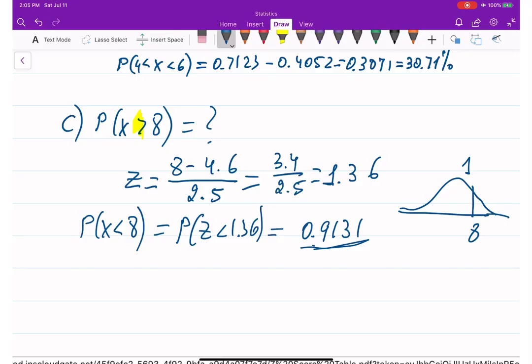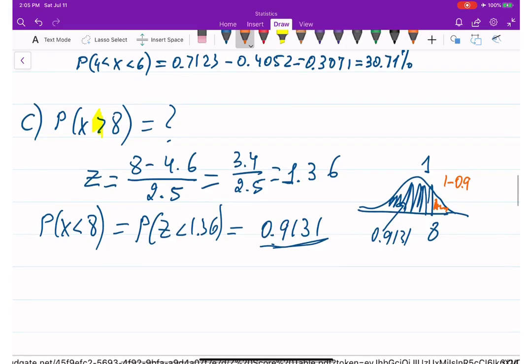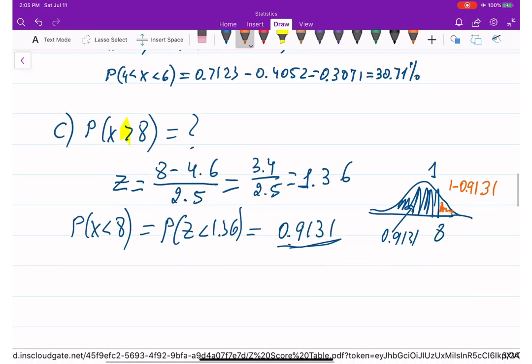So if this area is 0.9131, then greater than is going to be 1 minus 0.9131. Okay, so the probability of x greater than 8 is going to be 1 minus 0.9131, and that is equal.